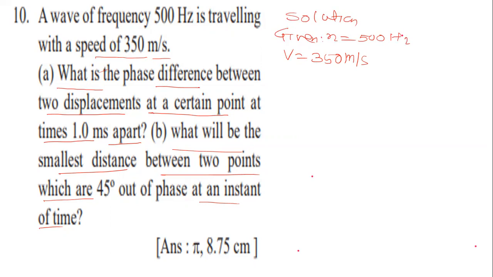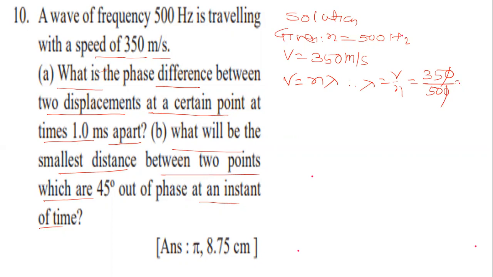For this purpose, from these two terms, n and v, let's find out the wavelength lambda of the wave. We know that v is equal to n into lambda, and therefore lambda is equal to v divided by n. But v is here 350 meter per second and n is 500 Hertz. This 0 will cancel.